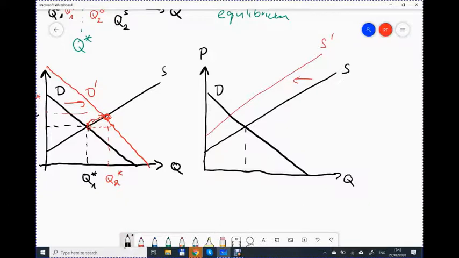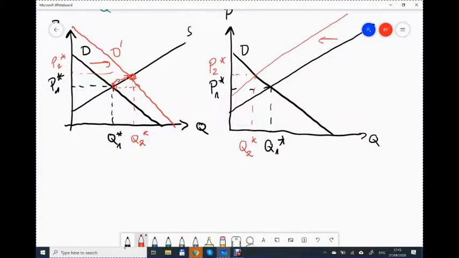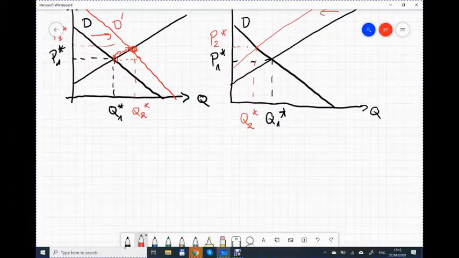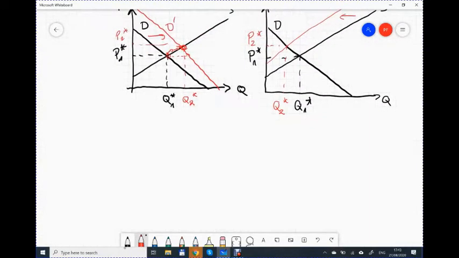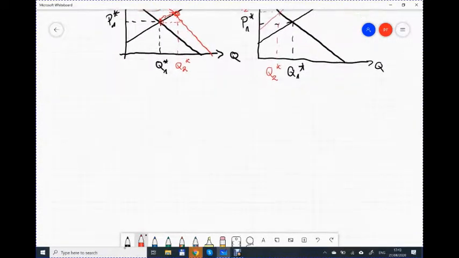So if we had the original Q1 star and P1 star here, then in this new equilibrium, in case of a negative supply shock, you would find that at the new equilibrium prices are higher than before, but altogether still less goods are traded. What happens if both of these shocks happen at the same time? Then you can, of course, apply the shift on the supply and the demand curves in the same diagram.